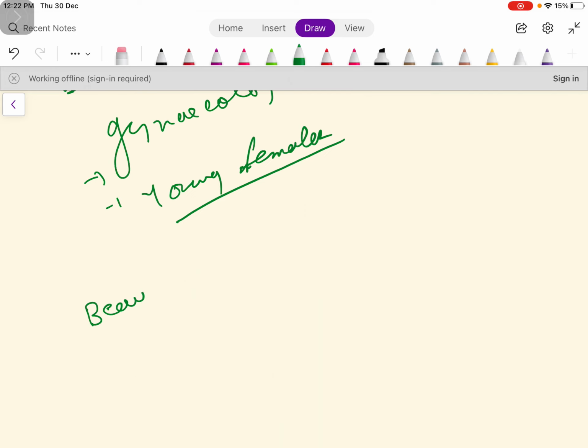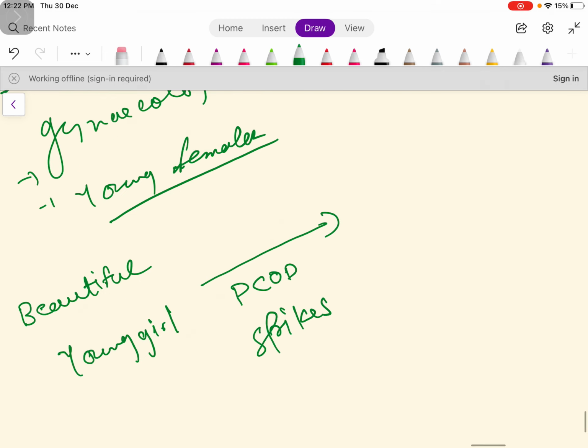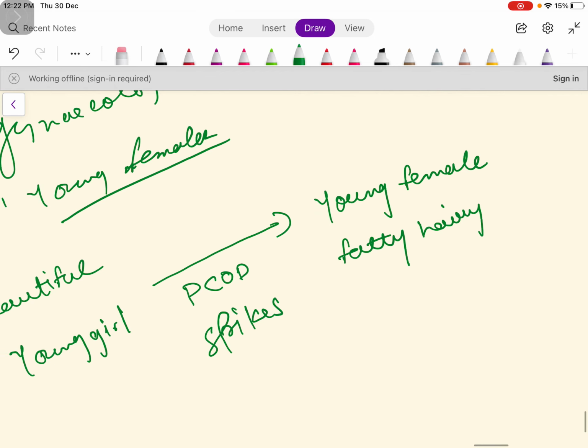Okay, you can imagine a beautiful young girl, but when this disease strikes, okay, PCOD strikes, what happens is she gets totally converted to a young fatty hairy female with pigmentations.